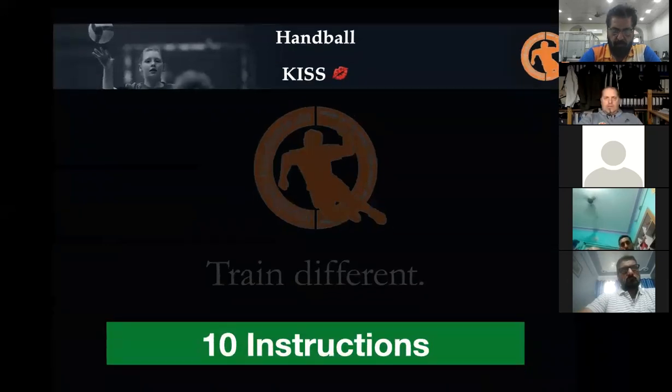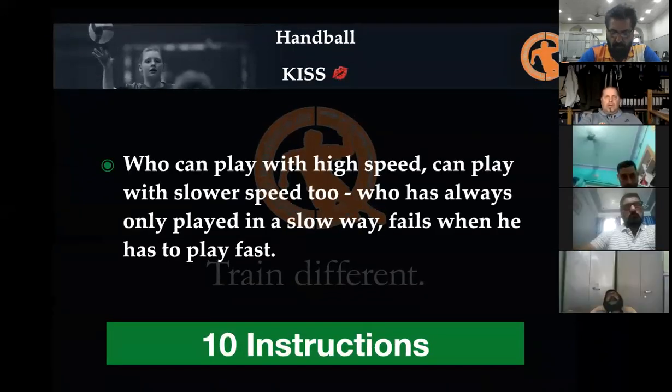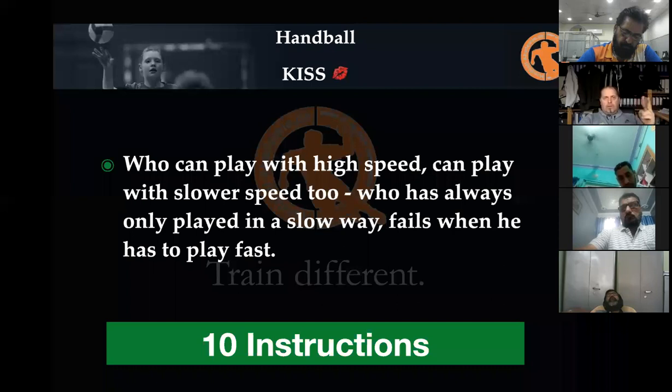Number 7 is learn to play with high speed. From the beginning, handball has to be a fast game, because if you are able to play fast from the motor component and the cognitive component, remember those two elements of the specific agility in handball, then you can, if you want to, slow down the speed in the game.